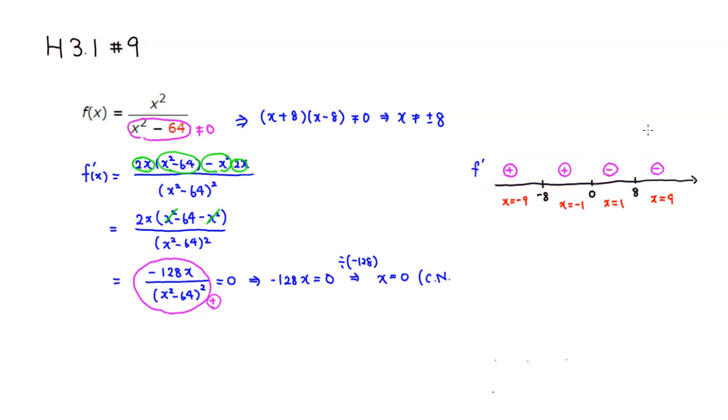So the original function f is increasing here and also here, and after that it's decreasing here and there. Anything before 0, not including negative 8, is increasing, and after that it's decreasing.